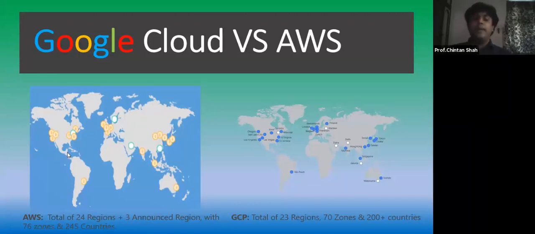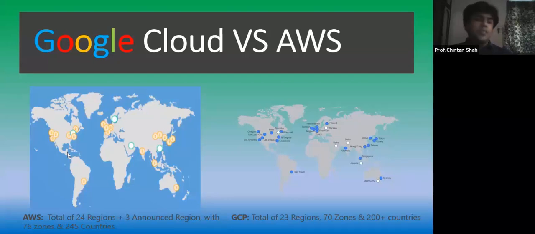When we compare zones, AWS has 76 zones, while GCP has 70 zones. And in terms of countries, AWS has 245 countries, while GCP is spread across 200 countries. So in terms of regions and zones, the winner is AWS.